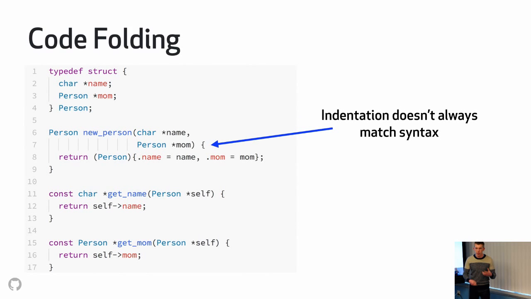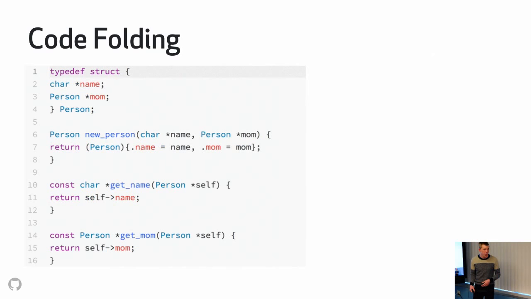So I have a little animation here where I do different things to the formatting of the file, and at every step I'm able to fold it in an intuitive way. I think at one point I even take away all the indentation from the file. I think the frame rate's a little too low, but okay, it's stripped all the formatting of the file, and I'm still able to fold it correctly because it's based on the syntax tree, not on anything about the formatting.